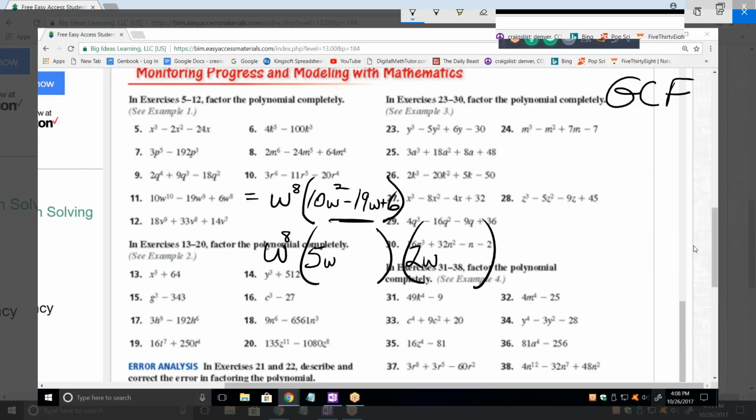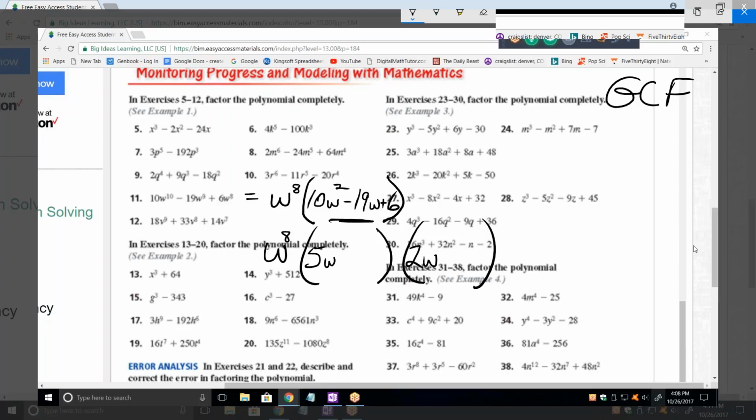Okay. Now, what are my signs? That's the second step of factoring. What do both signs have to be? I'm looking at just what's in the parentheses. Forget the W to the 8th for a moment. We've set it aside. Positive and then negative?